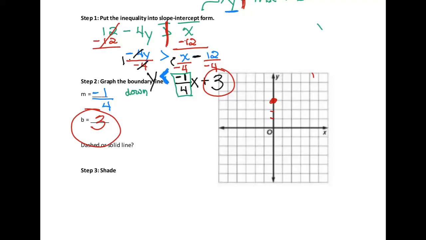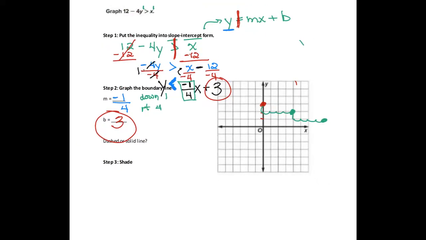Always put the negative with the numerator. Down 1 and right 4. So down 1, right 4. 1, 2, 3, 4. Here's a new point. I could go down 4, down 1, right 4. 1, 2, 3, 4. It's about there.